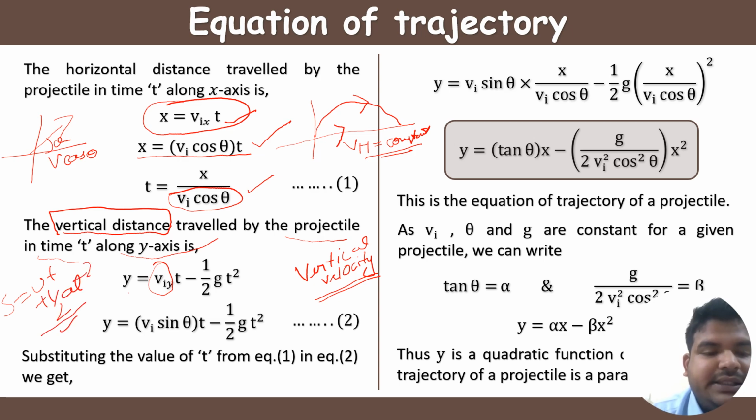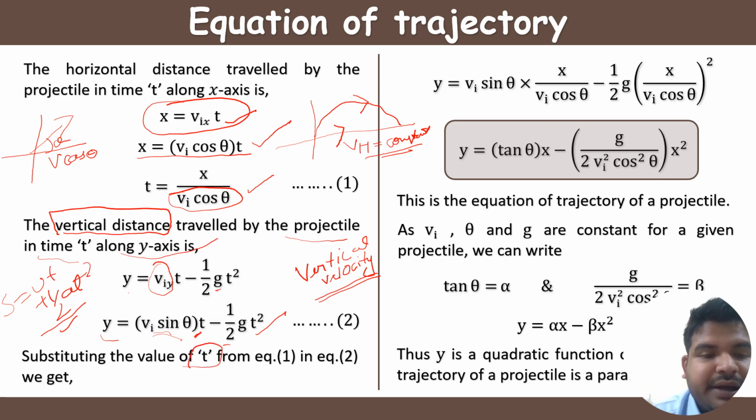The direction of v is forward and up, and the direction of g, gravity, is negative, so the precaution has already been taken that the sign changes. So y is equal to the initial velocity into time given, minus half g t square.